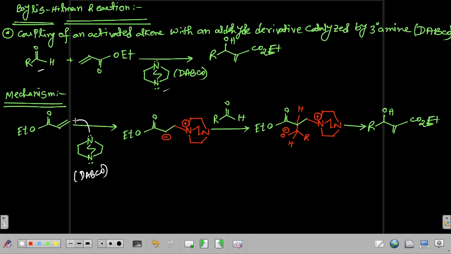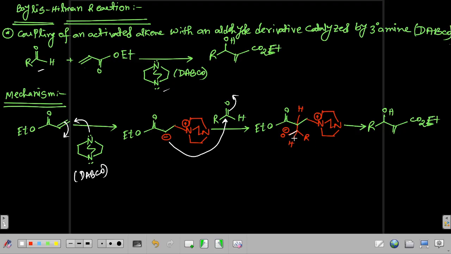So this lone pair will attack this double bond, and this double bond will shift here, so it will form a negative charge here, and this nitrogen will be bonded to this carbon, and here a positive charge. Next, this negative charge anion will attack this carbonyl group, and it leads to the formation of this alkoxide ion.